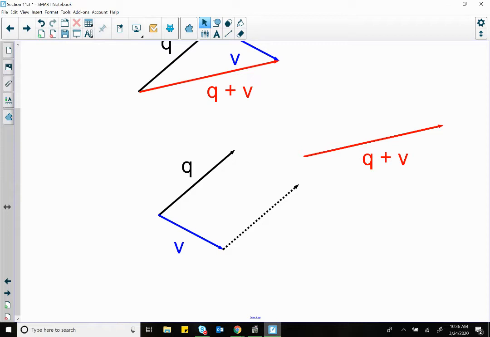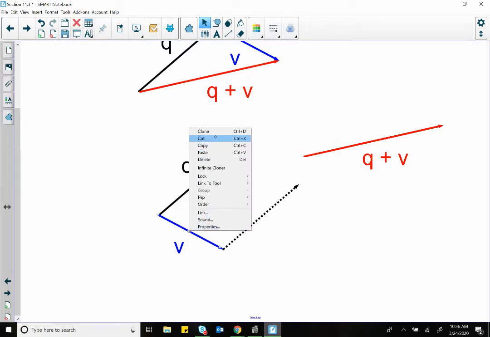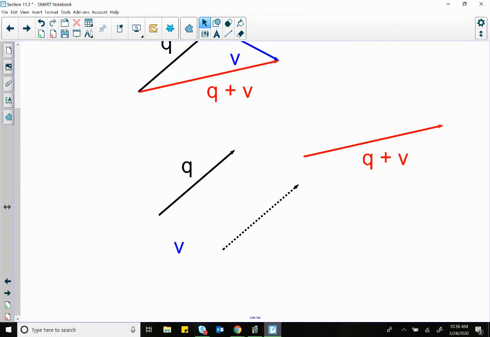And they imagine that that vector V, clone it, is also right up there. Okay, let's make it dotted as well.